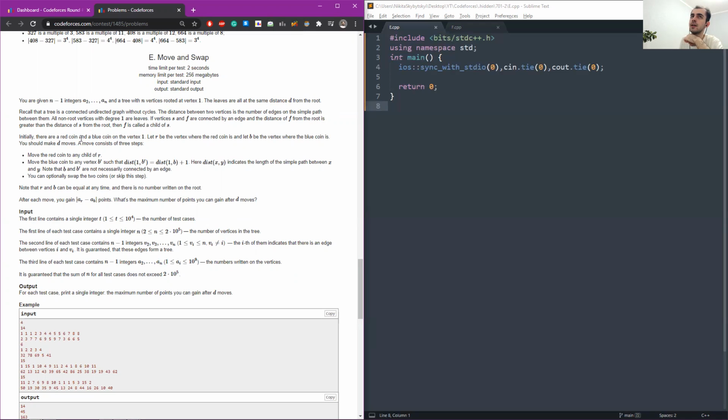A red coin and a blue coin start on vertex 1. R is the vertex with the red coin and B the vertex with the blue coin. Take d moves. Move the red coin to any child of R. Move the blue coin to a vertex B prime such that the distance condition holds. So the blue coin descends level by level, and the red coin descends to a child.